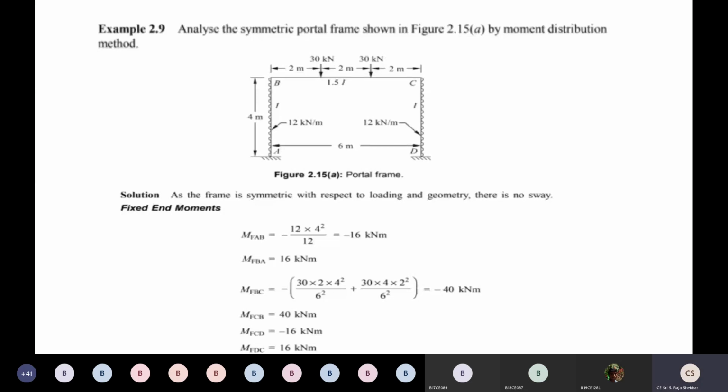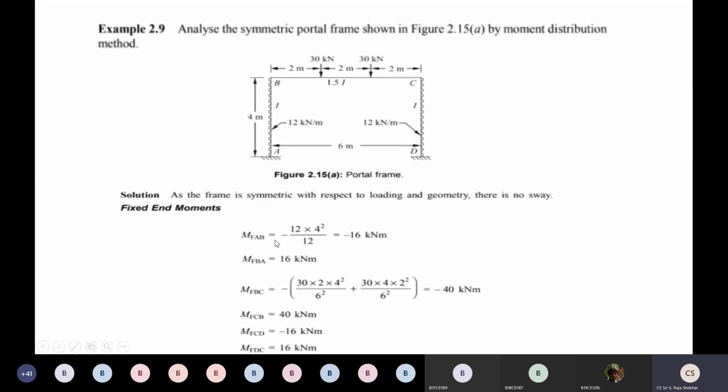For a beam with a point load acting at the center, how to calculate the fixed end moment? It can be calculated from the formula WL by 8 or PL by 8. Okay. So like that we have different formulas for the calculation of fixed end moments.